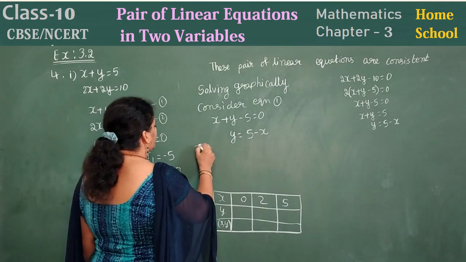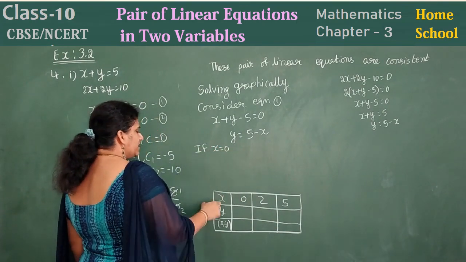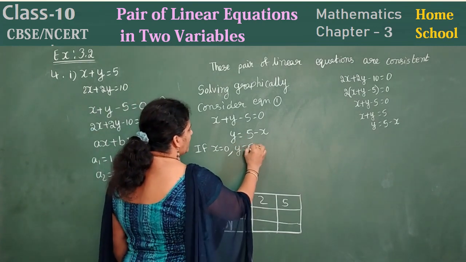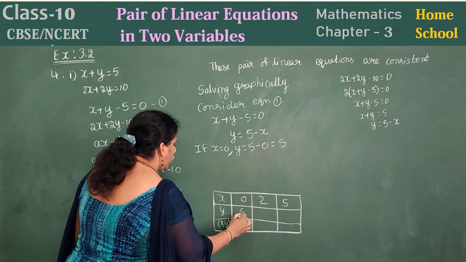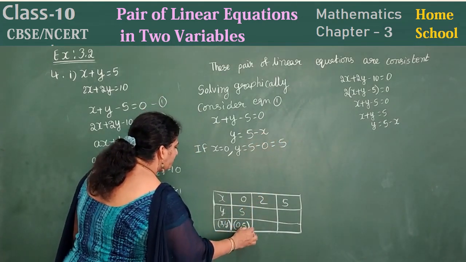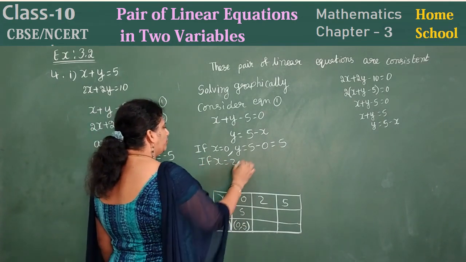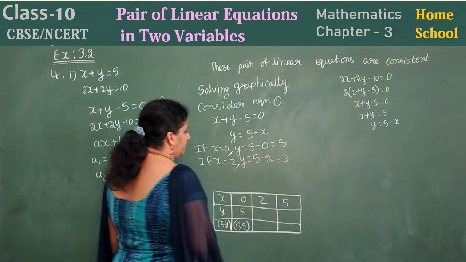So what you are going to do? If x equal to 0, see here, children, substitute here, y is equal to 5 minus 0, that will be 5. Coordinate is 0, 5. Similarly, if x is equal to 2, y is equal to 5 minus 2, that will be 3.